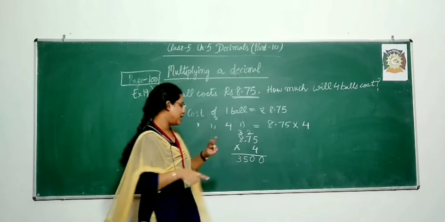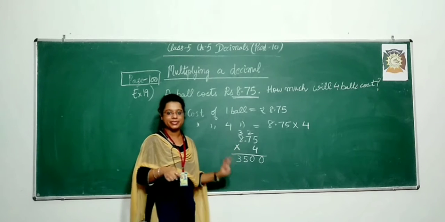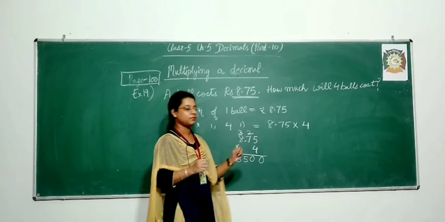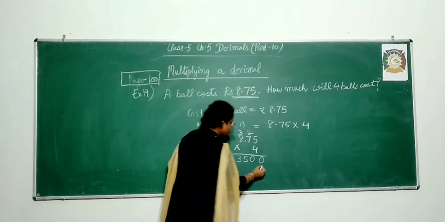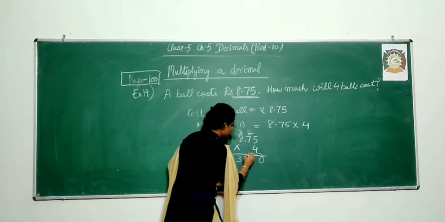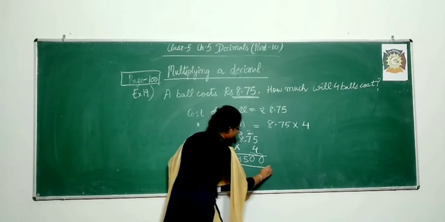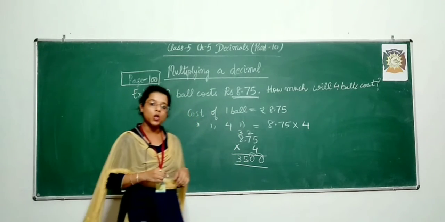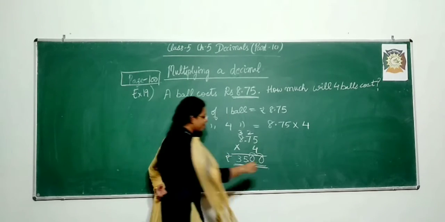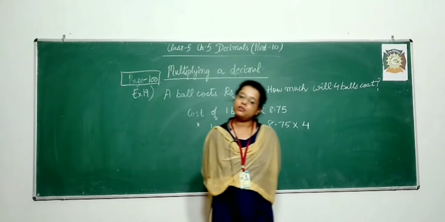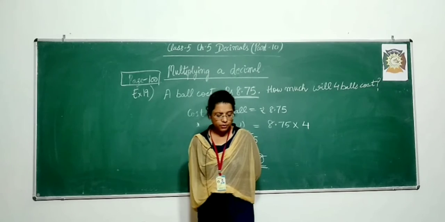So you will make the product a 2 decimal place number, and you will place the decimal point 2 positions moving from the right. So 1, 2, and the decimal point will come at this position. It will be 35.00. So the cost of 4 balls is rupees 35.00, that is 35 exactly. Right?